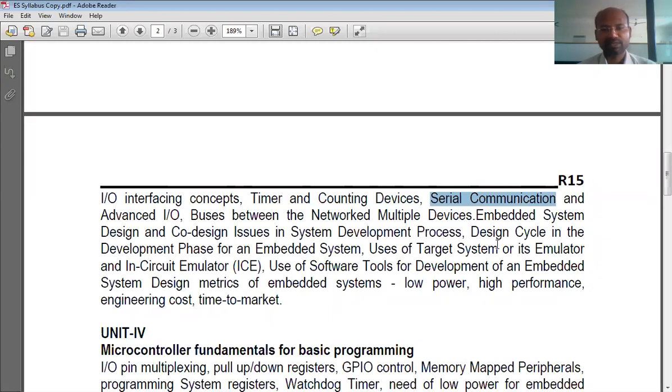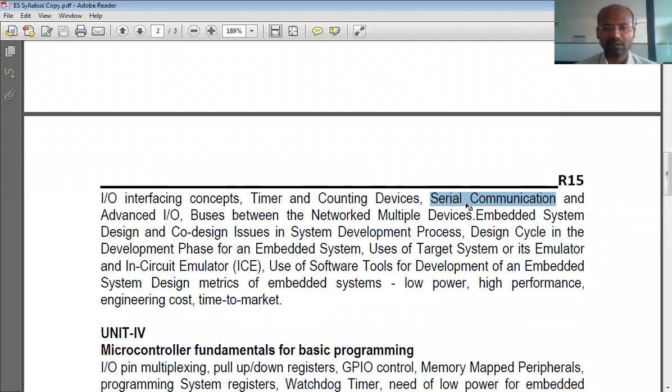Serial communication means what? If you want to establish communication between your microcontroller or your embedded system and some other computer or some other embedded system, then how can it be done? That is what serial communication is. There are many protocols in use.